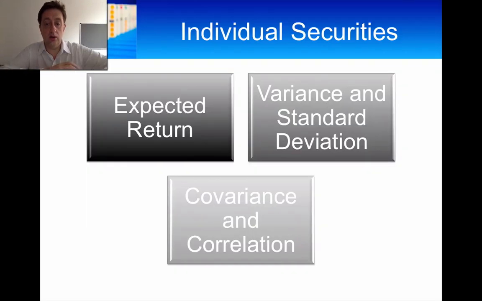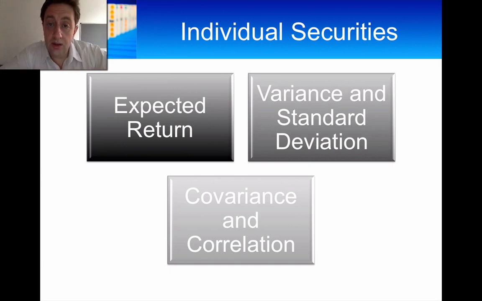So we're looking at three things. Expected return, that is the return that you're going to expect over a certain period in the future. From an investor's perspective, that is the same as saying, well, okay, if I invest in a company, what return am I going to expect to get? You don't know what you're going to get, so it's not a guaranteed return, it's only an expected return because there's risk there.